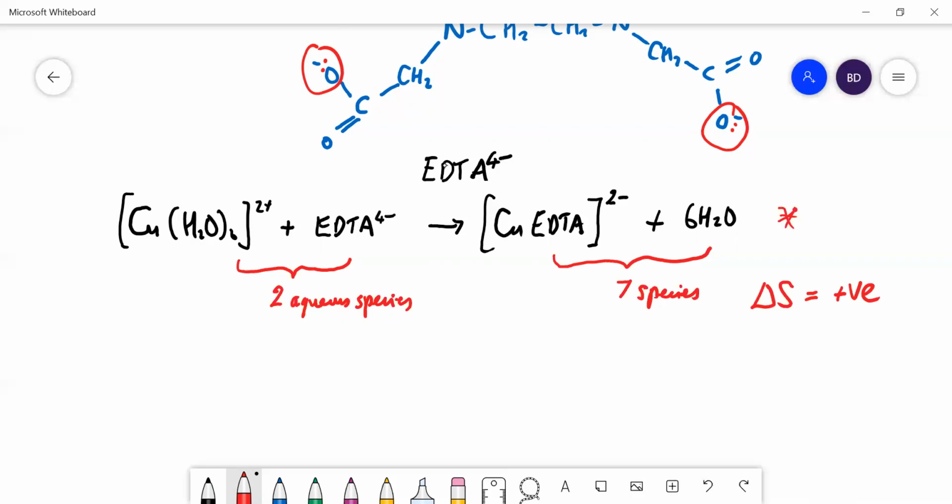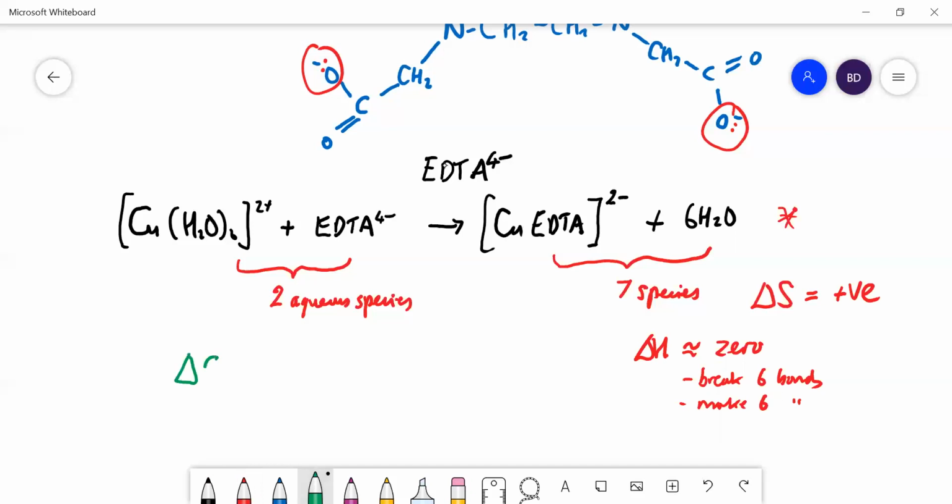Now if you go to our delta G equation, by the way, delta H for this reaction is approximately 0. There's not much in it at all, and that's because you break 6 covalent bonds and you make 6 bonds which are about the same strength. So there's not much of an enthalpy change at all. Let's think of our delta G expression.